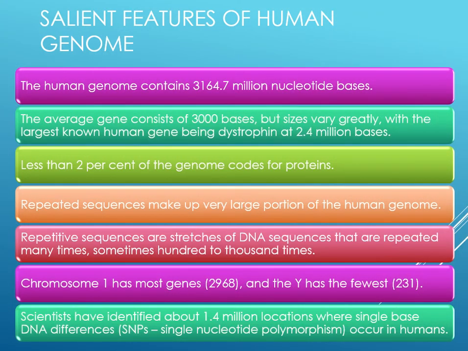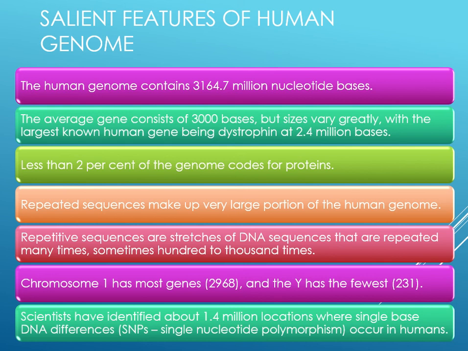Now, what are the salient features of the human genome? Following are some of the salient observations derived from Human Genome Project. The human genome contains 3,164.7 million nucleotide bases.